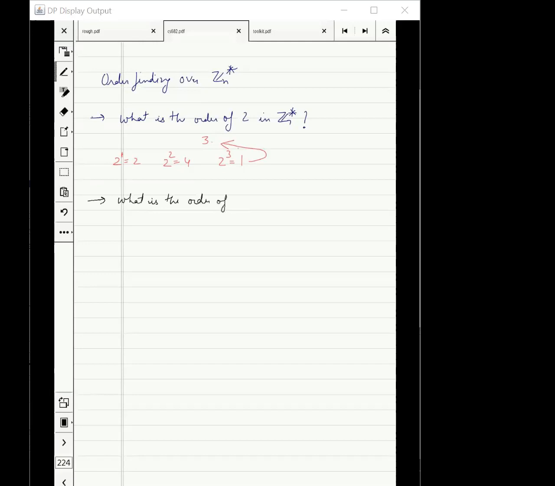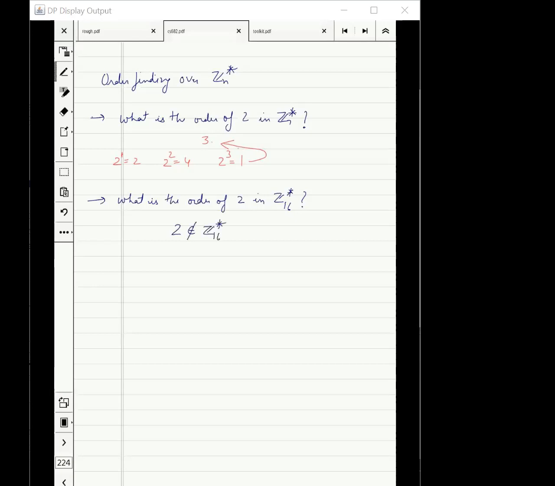What is the order of 2 in Z16 star? Sorry, your voice was not clear. Okay, I could only get fragments of what that was saying, but I think he knows. It's basically a trick question. 2 is not even an element of Z16 star, since it is not co-prime with 16.